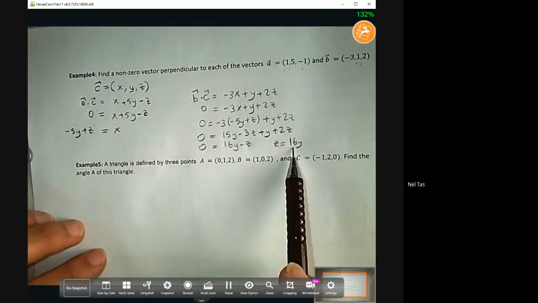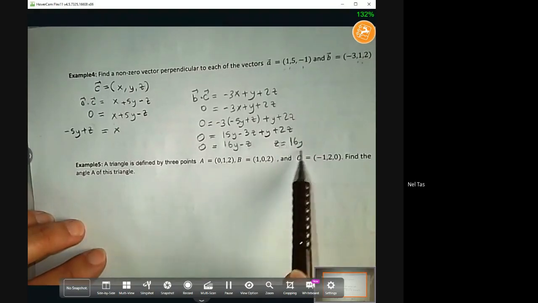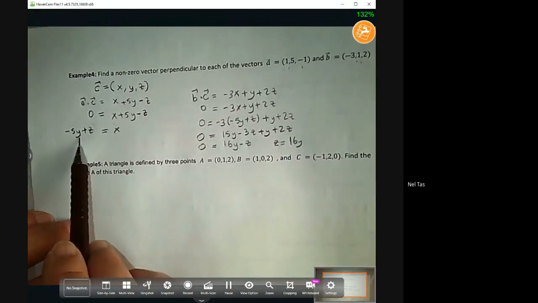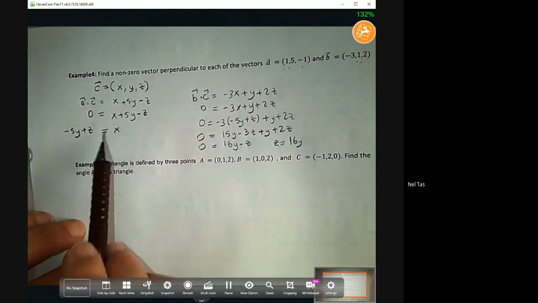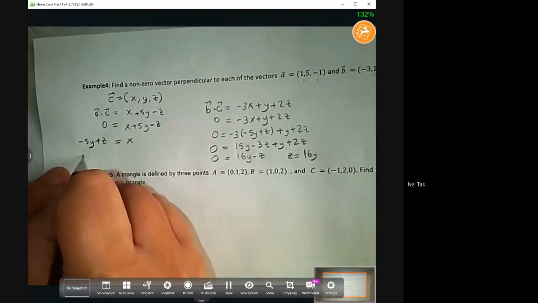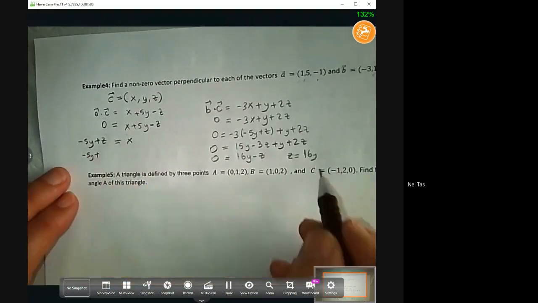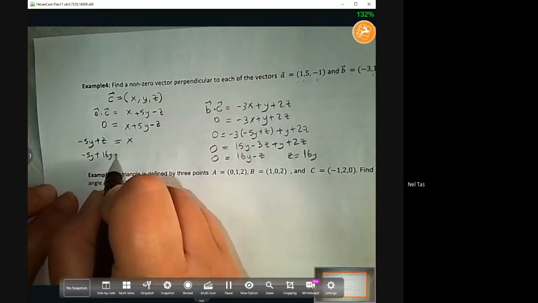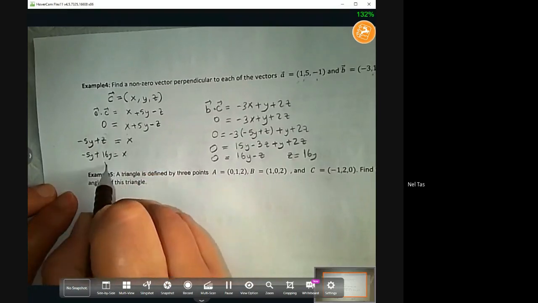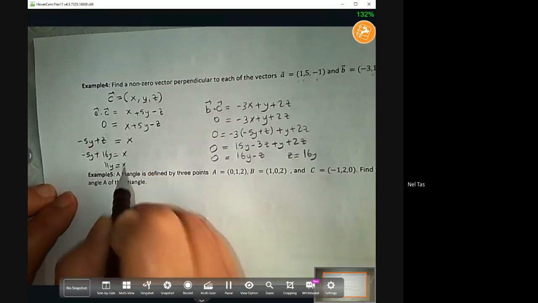Let's say Z equals 16Y. So I can take this 16Y and sub in here for Z and see what X is equal to. Okay, so negative 5Y plus Z, which is 16Y, equals X, and 11Y equals X.